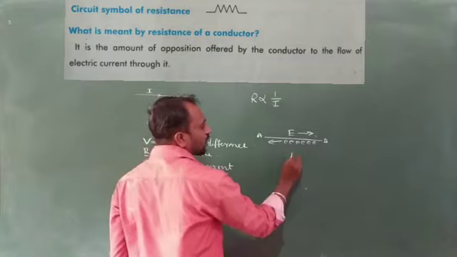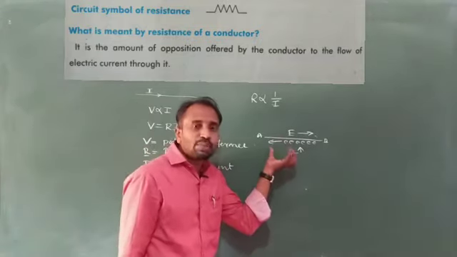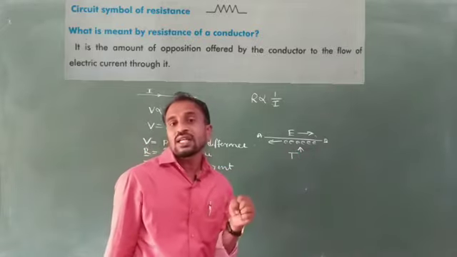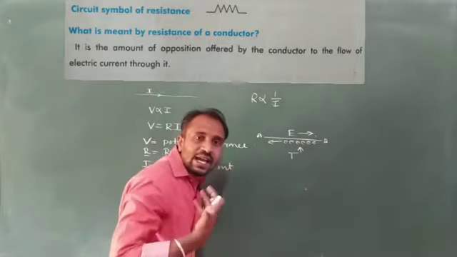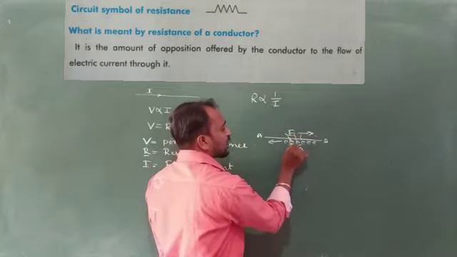Whenever the temperature of this conductor increases, it means we apply some heat to this conductor. Then what happens? The electrons absorb this heat energy and get excited.